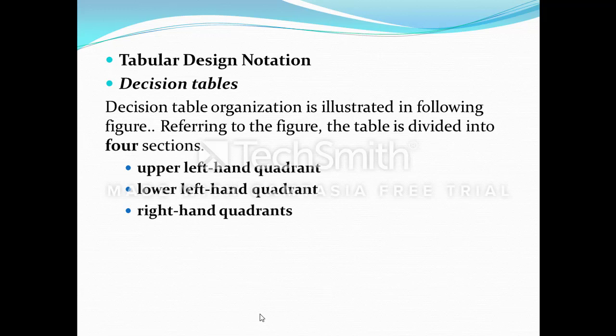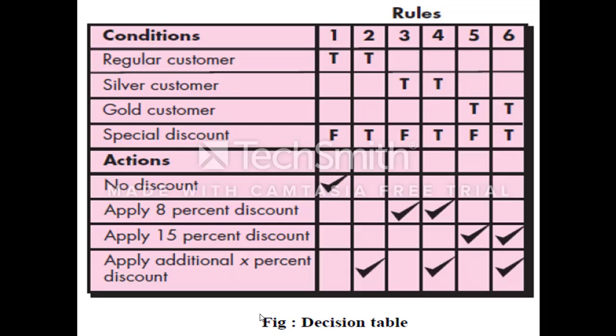So totally the decision table contains four types of sections. See here, this is the decision table. The upper left hand quadrant contains the list of all conditions.